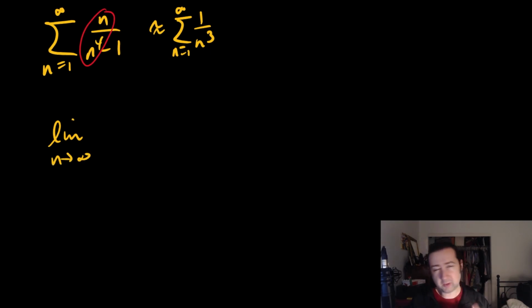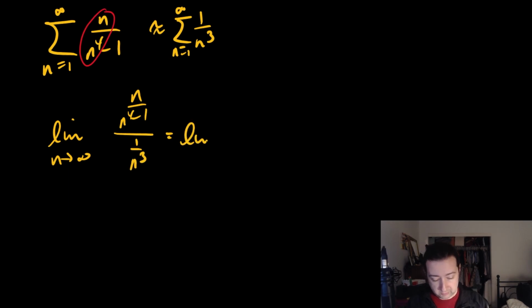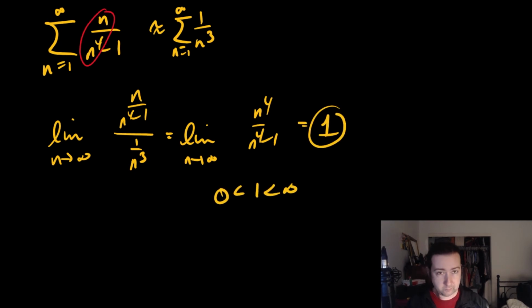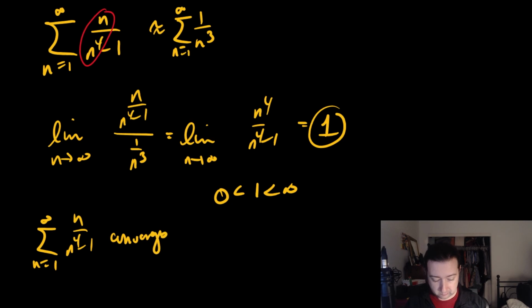There's no reason to choose one over the other in this test, but we'll let a_n be the series that we're testing, so n over n to the fourth minus 1, and then we'll divide it by the series that we already know about, which is 1 over n to the third. And then some basic mathematics should get you n to the fourth over n to the fourth minus 1, and that limit is 1. 1 is between 0 and infinity, and that means that the sum from n equals 1 to infinity of n over n to the fourth minus 1 converges by the limit comparison test.